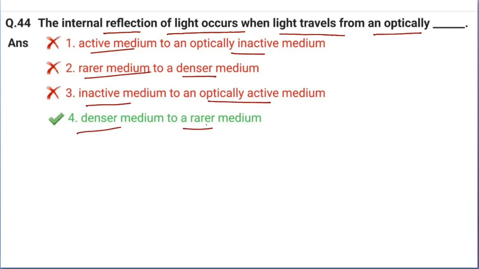Total internal reflection occurs only when the light travels from a denser to a rarer medium. So option 4 is the correct one, denser to rarer medium.